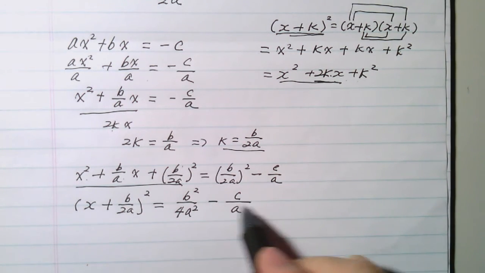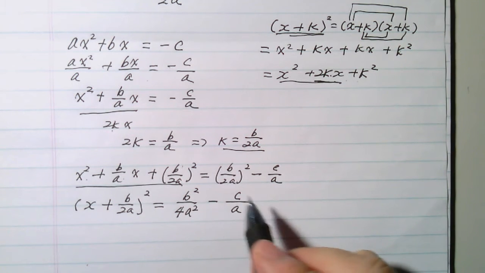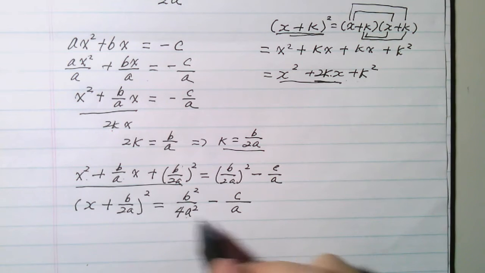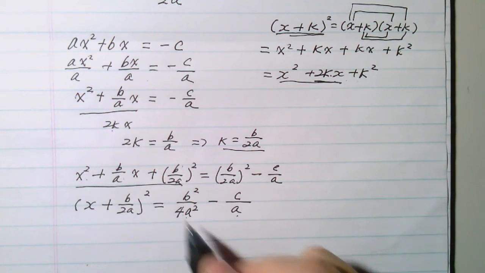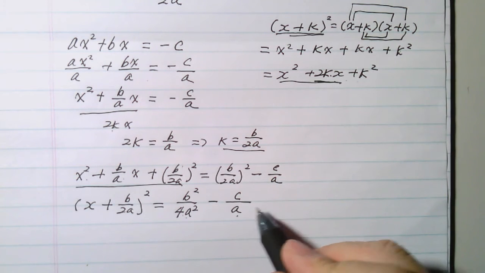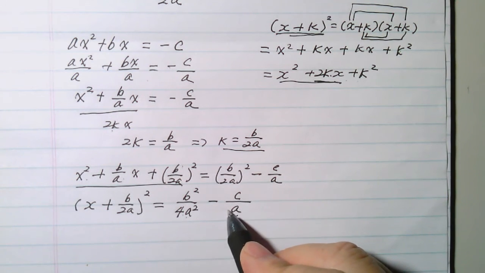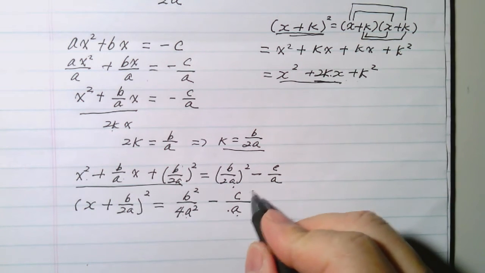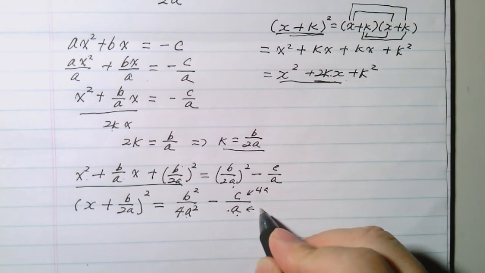If I want to combine them, I must have a common denominator. For 4a squared and a, the common denominator is easily seen to be 4a squared. That means I need to multiply the numerator and denominator of c over a by 4a.